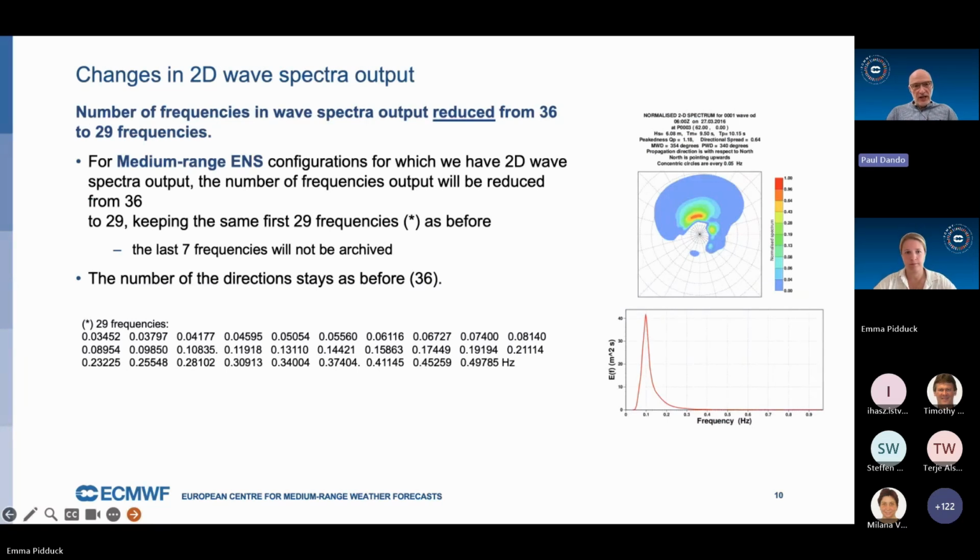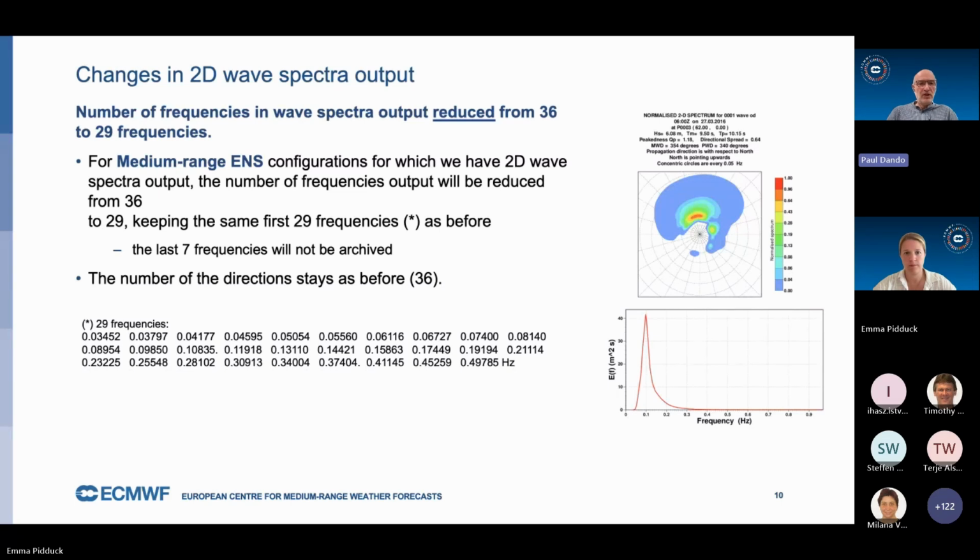We're also making a change to the output of the two-dimensional wave spectra. This is the 2DFD parameter, which currently at cycle 48R1 has 36 frequencies and 36 directions.